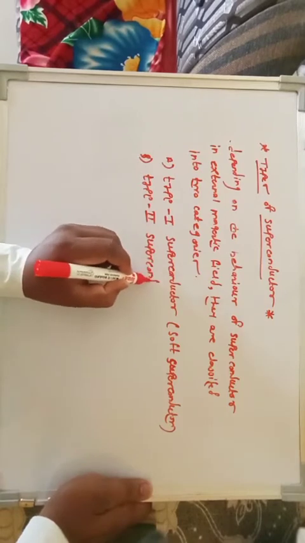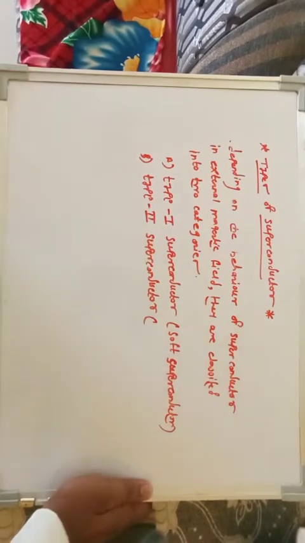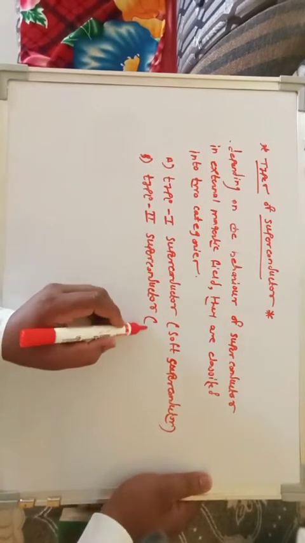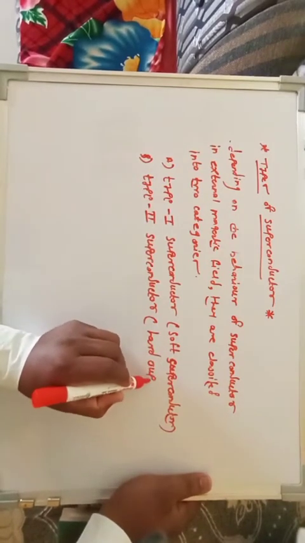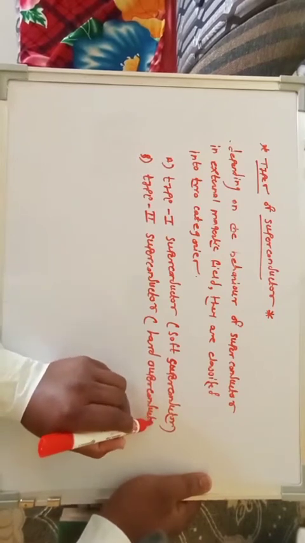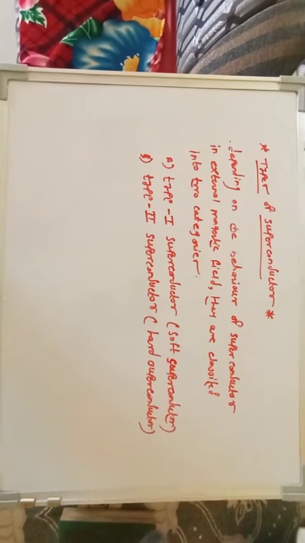So depending on their behavior in external magnetic field, they are classified into two types: type first superconductor, which is also known as soft superconductor, and type second superconductor, also known as hard superconductor. Let us discuss one by one the type first and type second superconductor.